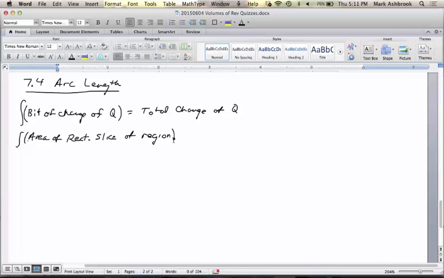And we took the integral of the area of a typical slice of a region. What did we get when we took the integral of that? Total area of the region.